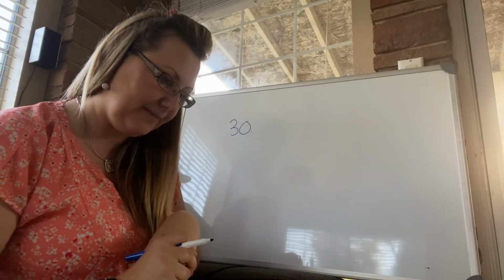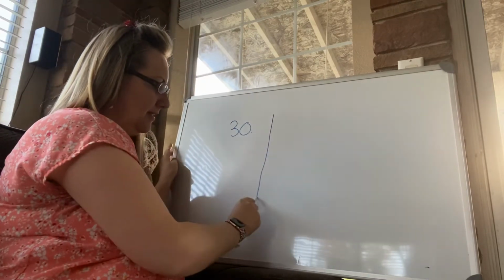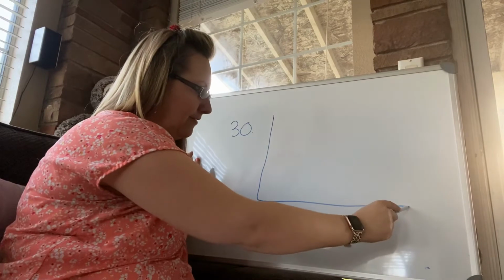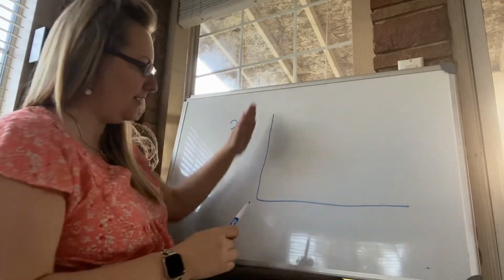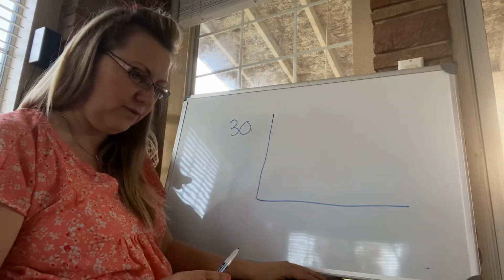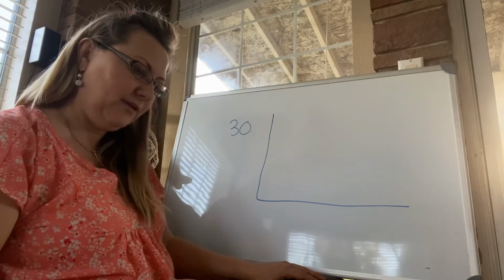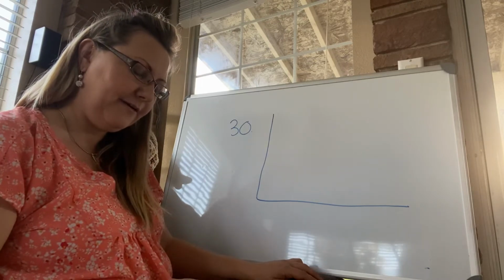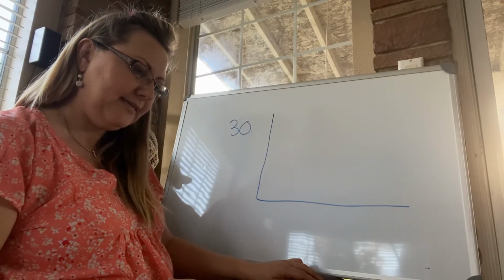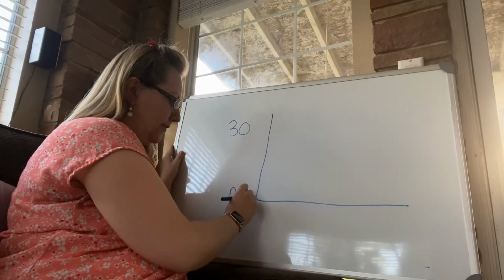So let's see, a double bar graph. So whenever we make a graph, we typically start off with 2 lines, one on the vertical and one horizontal. And then we write whatever is the information we have.